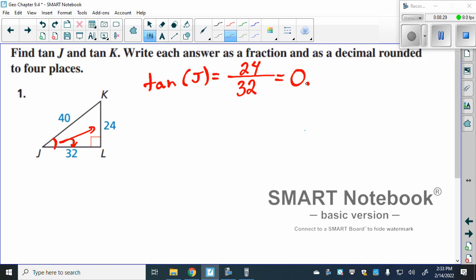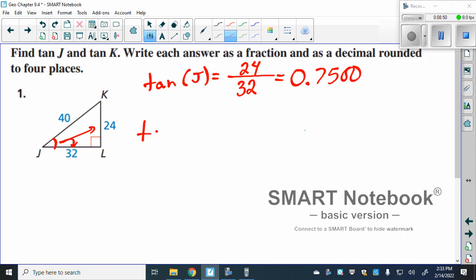Do you guys have an answer for that, Jake? 0.75, and we can throw in 2 zeros to get us to 4 decimal places.